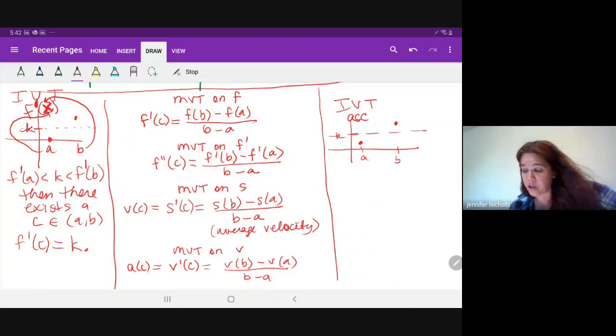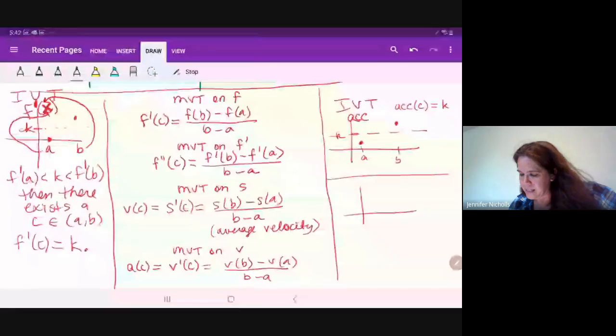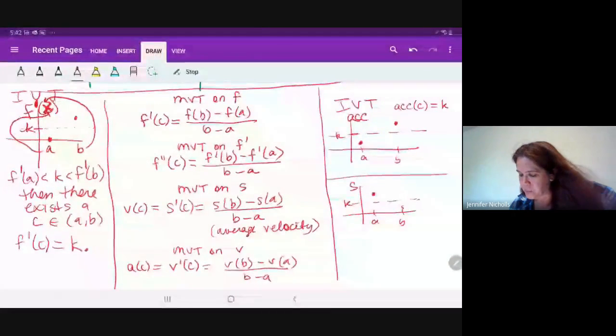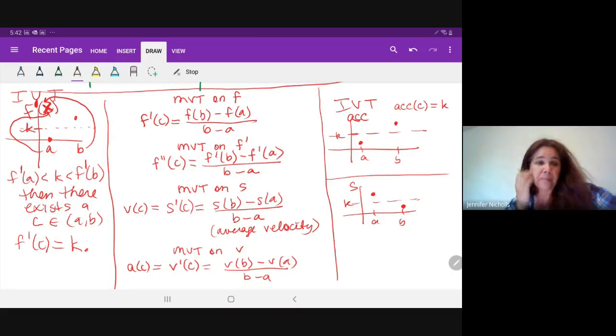K is the value that you're trying to prove, that acceleration at this value C equals this K value. So your picture itself, if this is an S graph, then the K is here, and here's your A, here's your B. Maybe the A is above, maybe the B is below, and that's going to show that you actually can hit that K value that you want to hit.